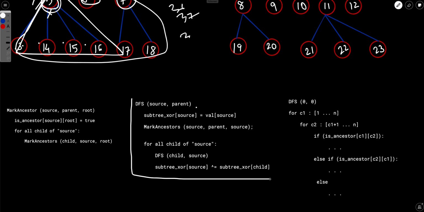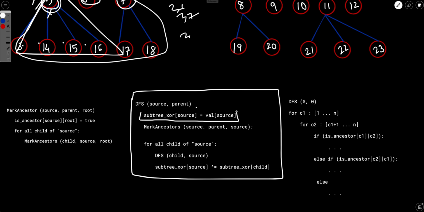So what we will first do is a DFS, and calculate the subtree XOR. Subtree XOR initially is the value of source, and then we just XOR it with the subtree XOR of all the children.